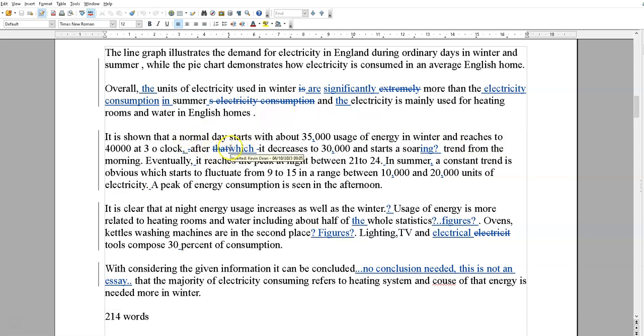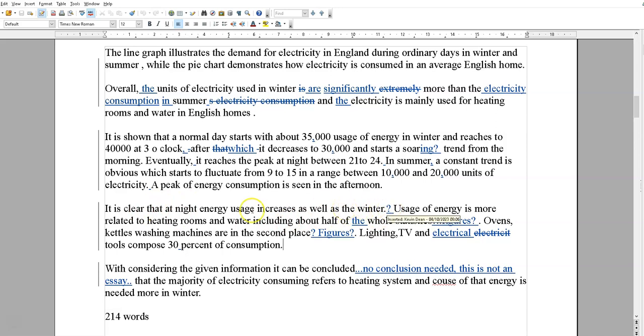After which, what's your relative pronouns? Soaring trend, reaches the peak or a peak. At night, energy usage increases as well as the winter. I'm not quite sure what that means. That doesn't really make a lot of sense.